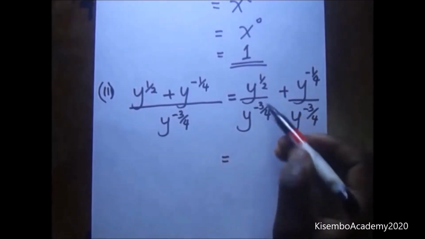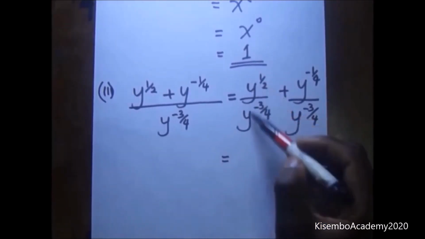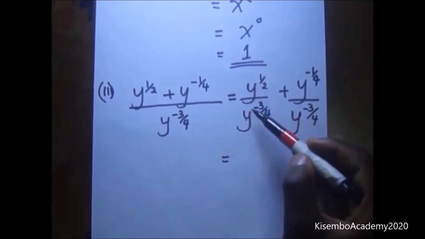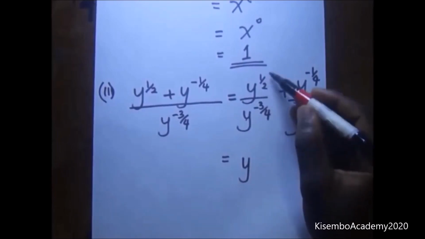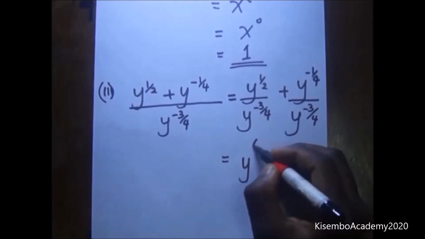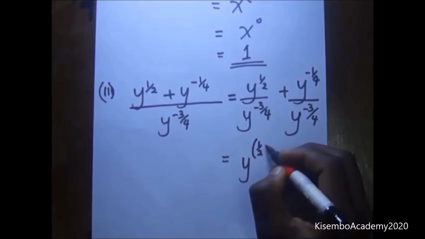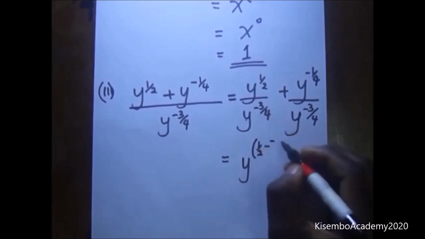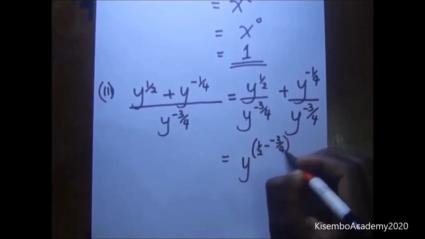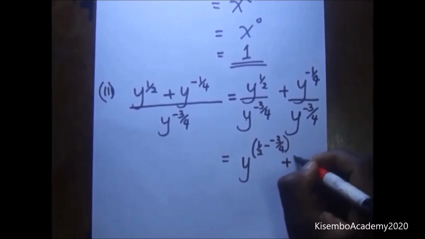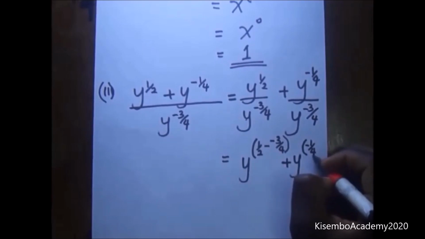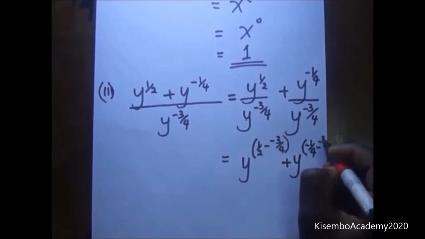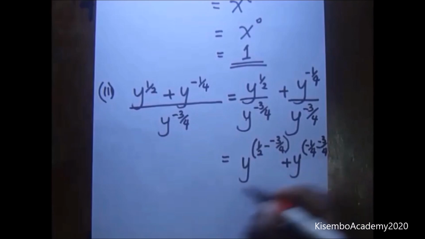Now we are dividing the indices with the same base, so we shall maintain the base and subtract the power. So here it's going to be y to the power a half minus negative 3 over 4, plus y to the power negative a quarter minus negative 3 over 4.